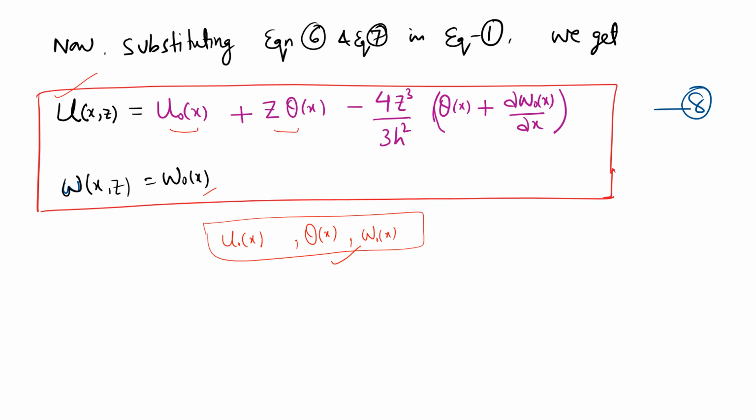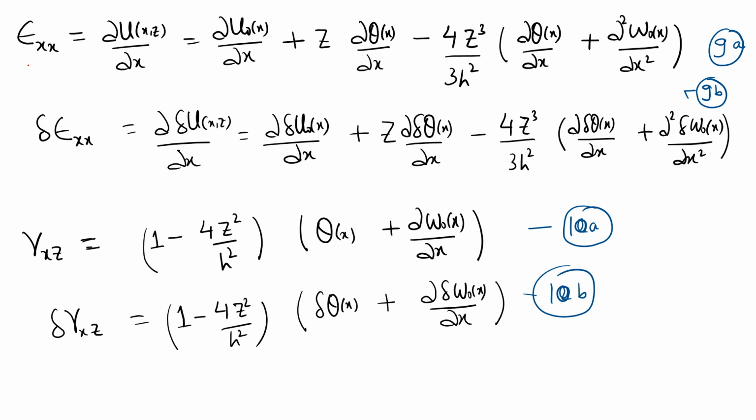Now we will write the epsilon xx strain, that is del u by del x. If we put the value of u of x, z as del u naught by del x plus z times del theta x by del x minus 4z cube by 3h square into this, then the variation of epsilon xx will be del of del u naught by del x plus z times del of del theta by del x minus 4z cube by 3h square del of del theta x by del x, plus the derivative of the variation of transverse displacement.